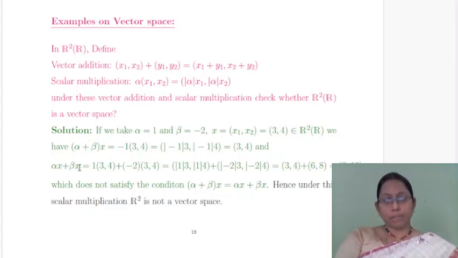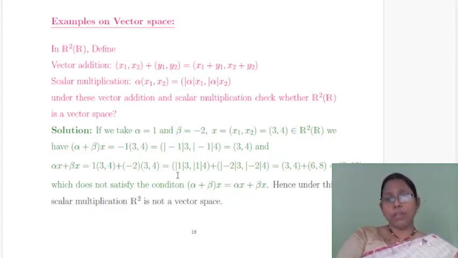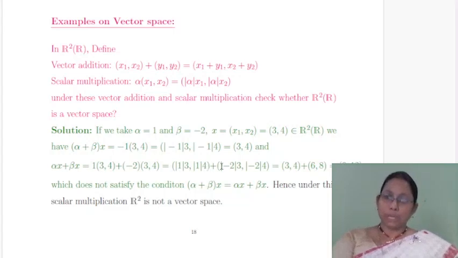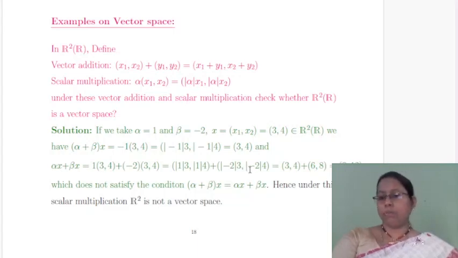And again, take alpha x plus beta y. That will be 1 into (3, 4) plus -2 into (3, 4). Using this definition of scalar multiplication, I will get (|1|·3, |1|·4) plus (|-2|·3, |-2|·4).